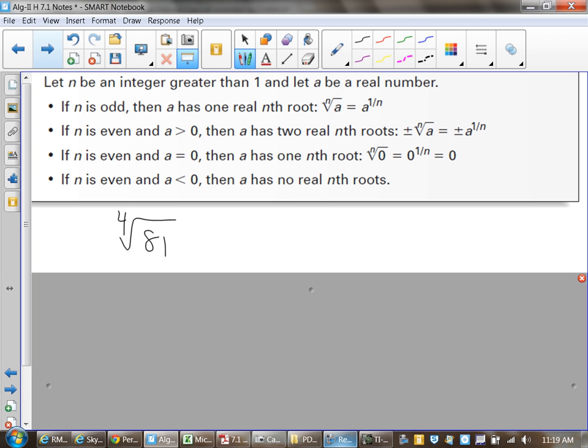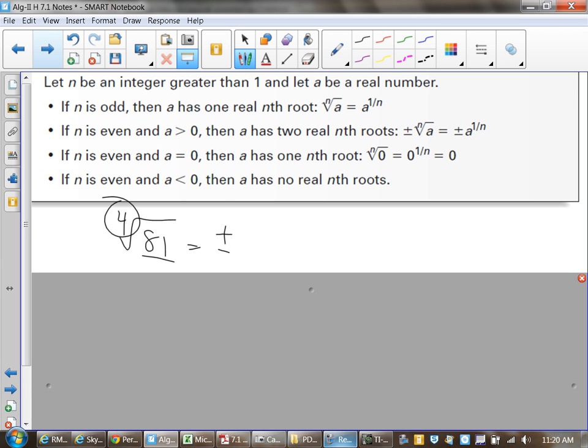So if I take a fourth root of a positive number, since that root, 4, is even, your answer is always going to be plus or minus whenever the root is even and a is positive. It makes sense: when you take the square root of 9, it's plus or minus 3. The square root of 25 is plus or minus 5. If I take the fourth root, the sixth root, the 12th root, whatever, if it's an even nth root, you're always going to have plus minus.